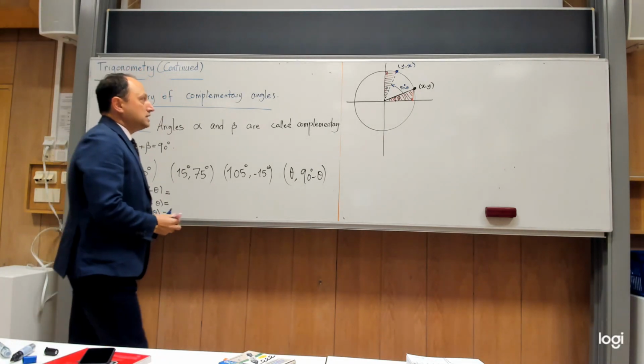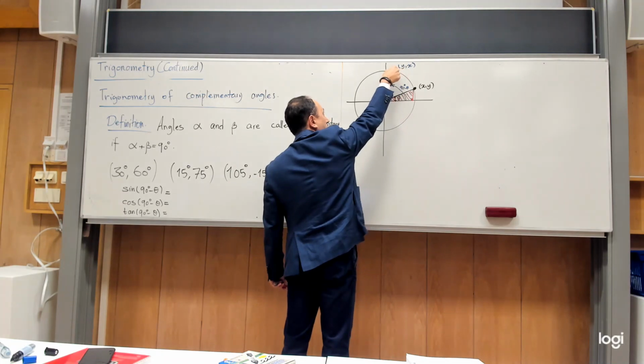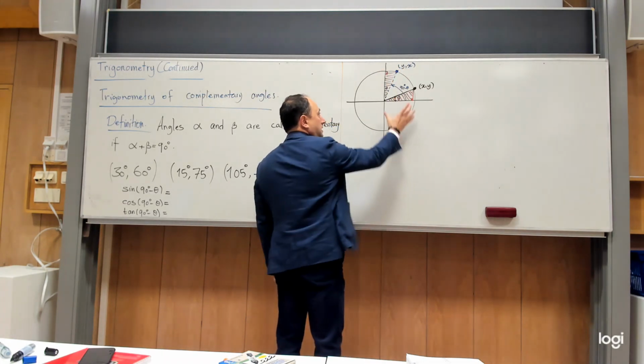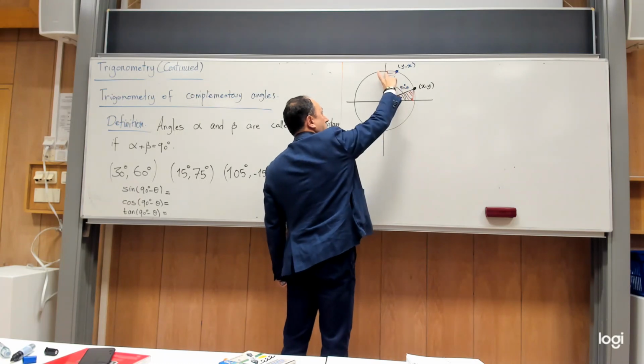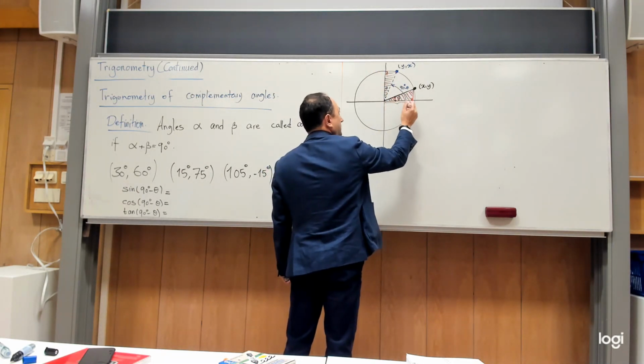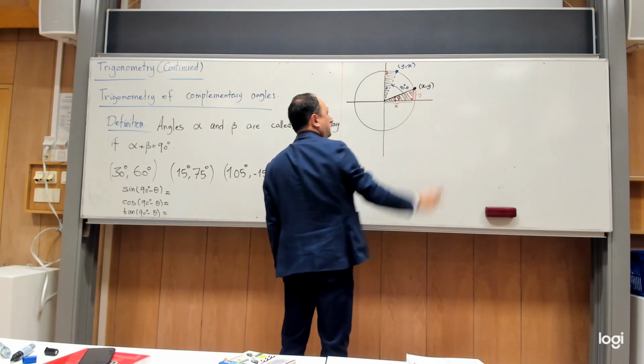So then the length here is exactly equal to the length here. And the length here is exactly equal to the length here. But we know that this length is x, this length is y.